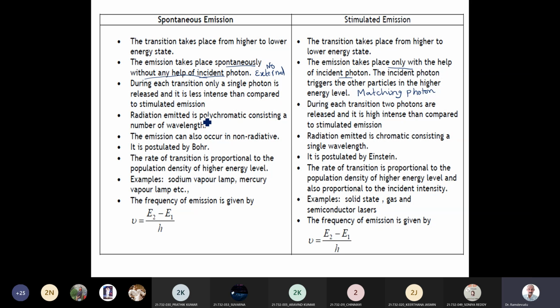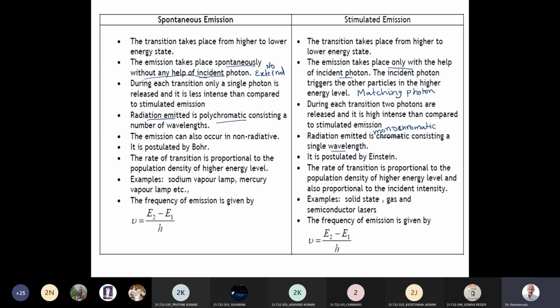Another important thing is that in spontaneous emission the emitted radiation is polychromatic, not monochromatic. Whereas in stimulated emission, the radiation emitted consists of a single wavelength. We say it is monochromatic. So I'll get only one.